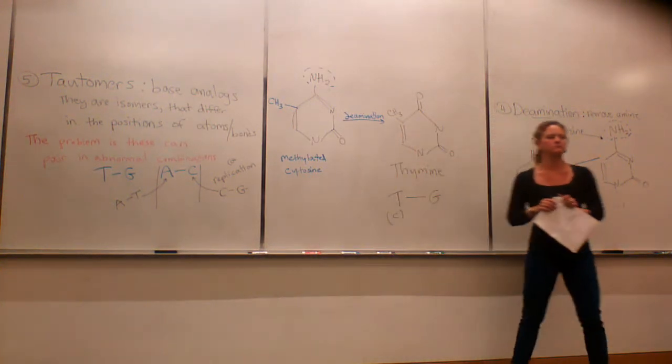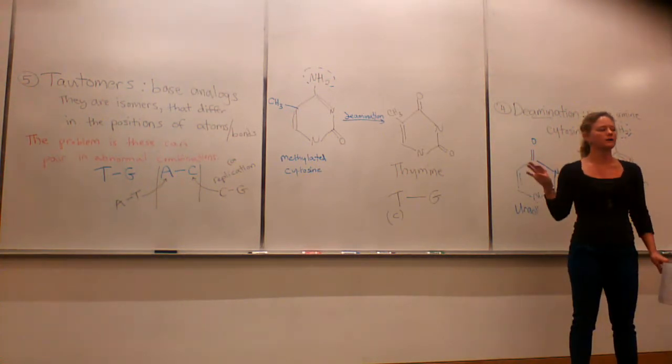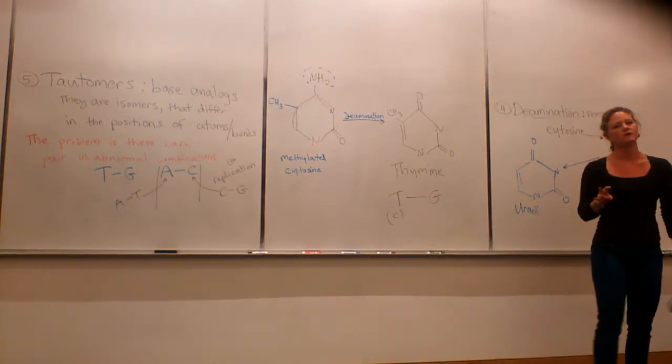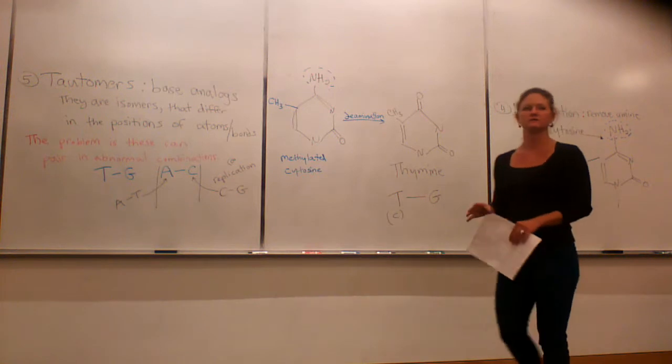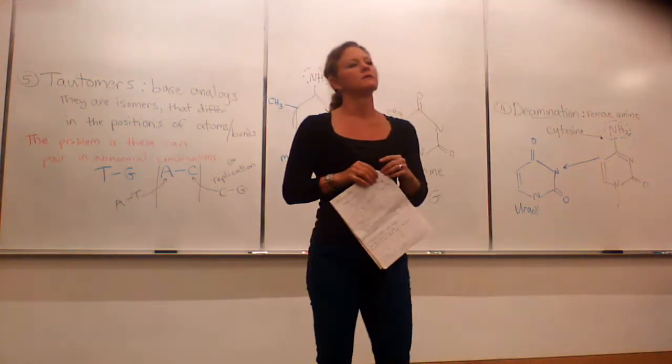Any questions? So these were all of our spontaneous mutations. This is stuff that can just happen inside your cell because of chemistry that's going on naturally, normally. Yeah. So what about transposable elements?